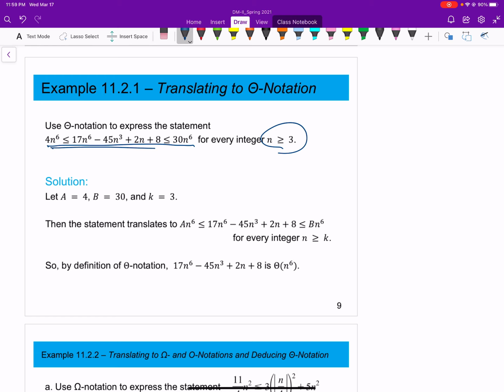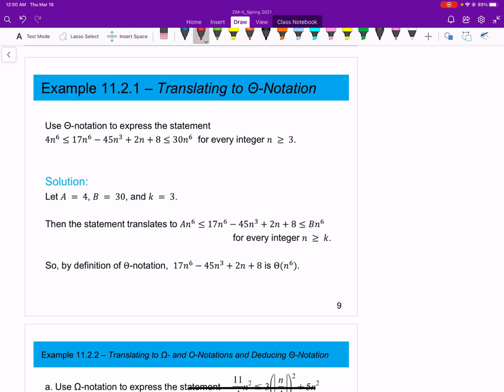That means this function is bounded above by that, and bounded below by that, which is what is given by this algebraic expression.